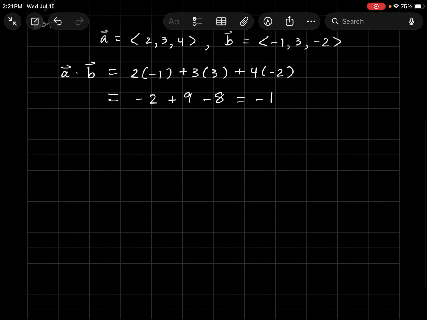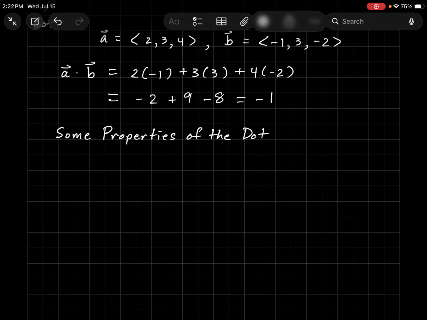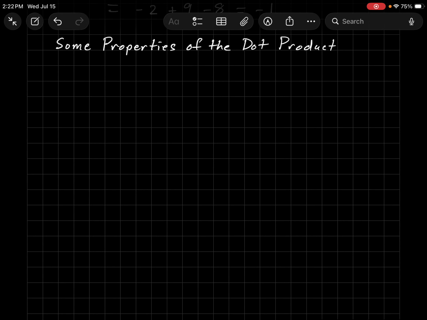So let's look at some important properties of the dot product. This is not going to be an extensive list. I would say these are probably the most common properties, most important ones perhaps, that we encounter. So some properties of the dot product. The first property that I really want you to know is the following. Any vector dot itself is the magnitude of that vector squared.